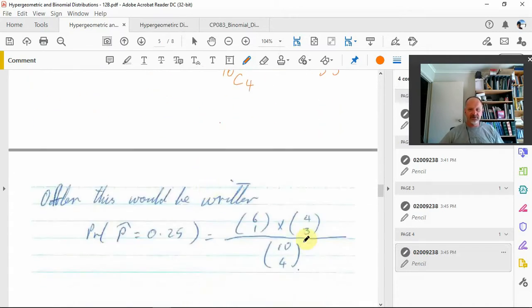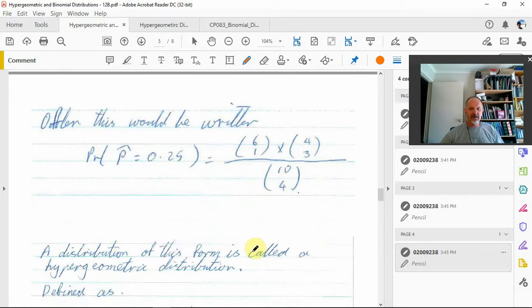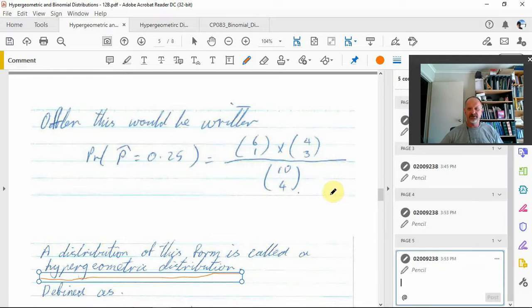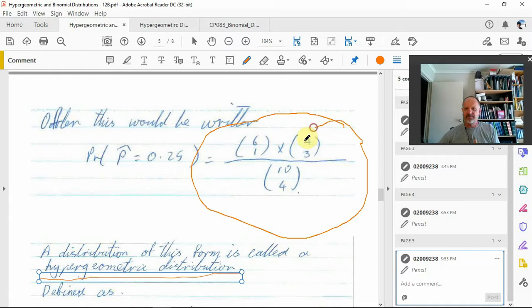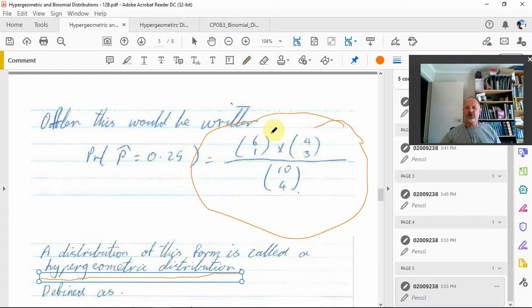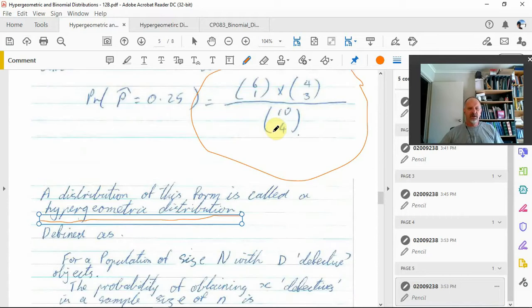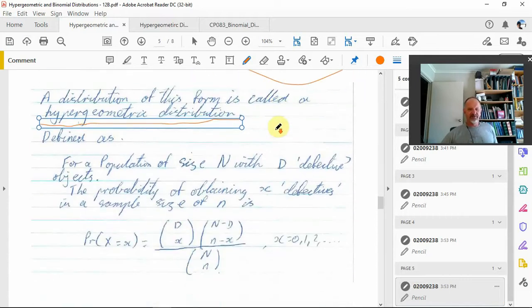As it says, often it's written like that, and this is given a name: it's called hypergeometric. This kind of distribution that I looked at here is what's considered hypergeometric. The definition of the hypergeometric: for a population of size n with d defective objects, the probability of obtaining x defectives in a sample of size n is given by this.